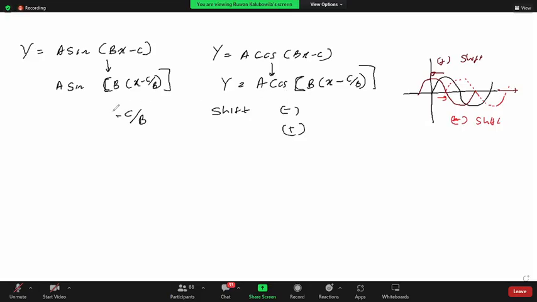The value of the shift can be found using this C over B term. That's the idea.